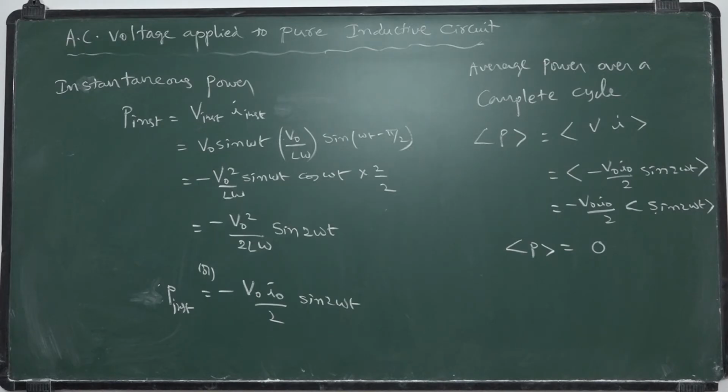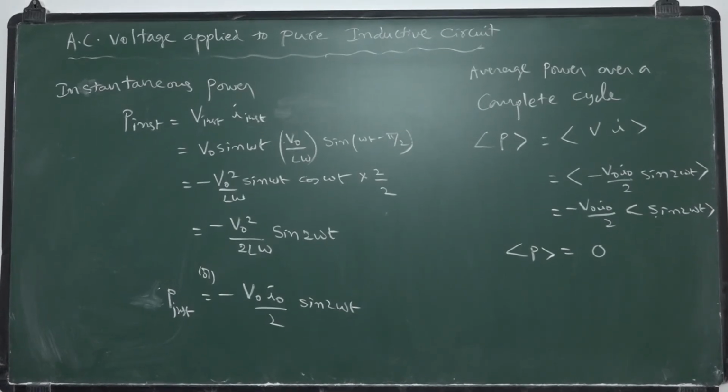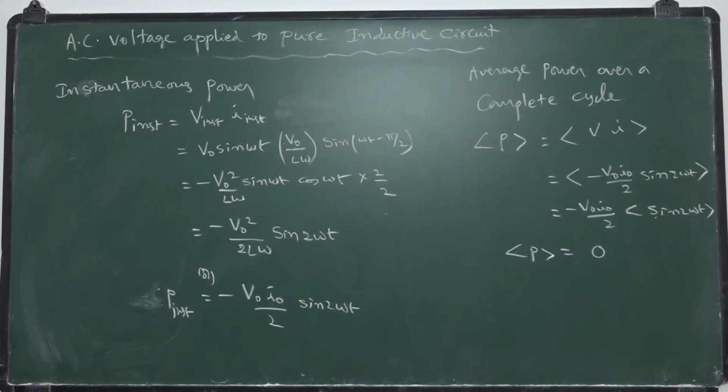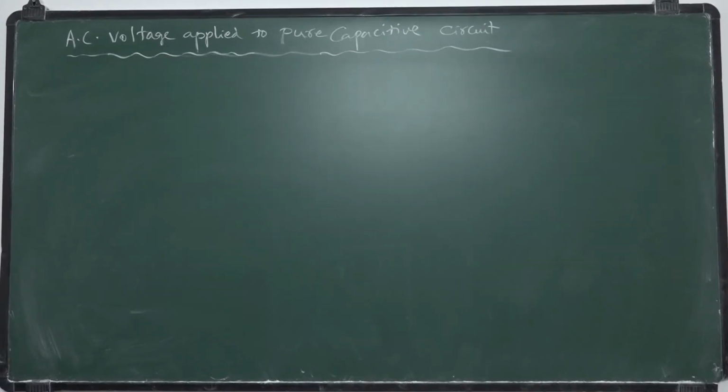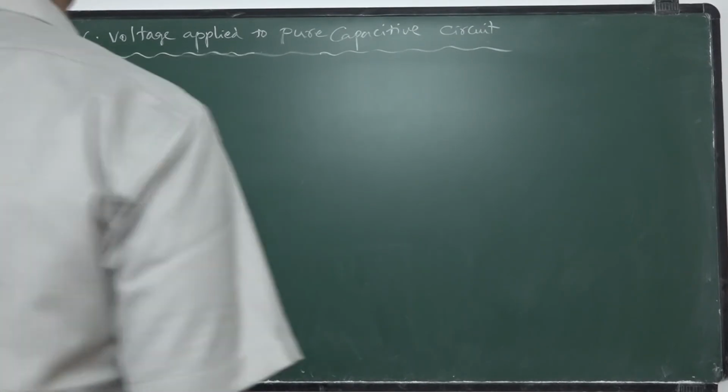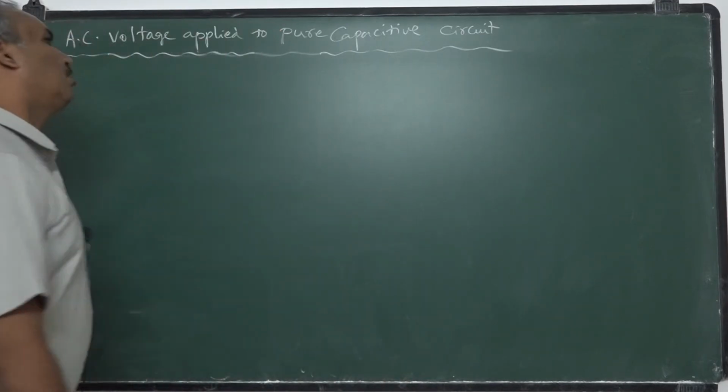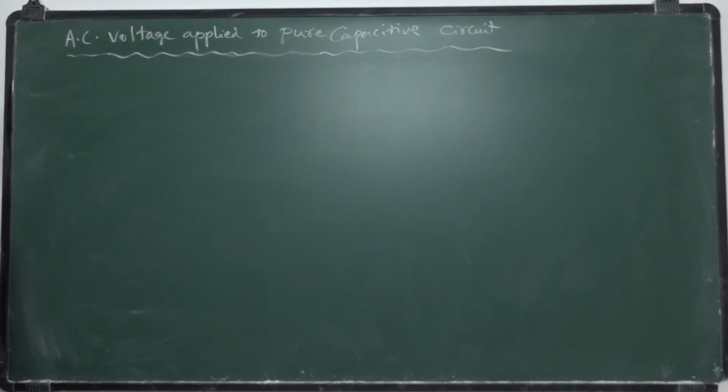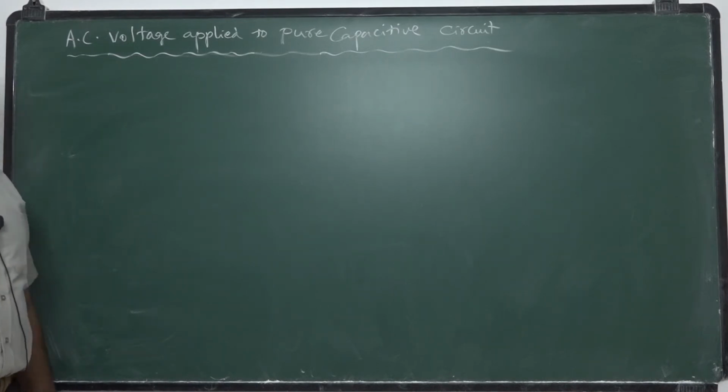In similar lines, we may apply alternating voltage to a pure capacitive circuit. Now we are going to discuss this. Similar kind of discussion I am going to make when AC voltage is applied to a pure capacitive circuit. Pure capacitive circuit means the circuit consists of a single capacitor alone.